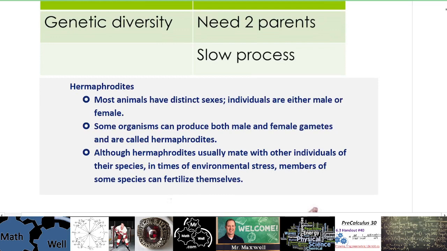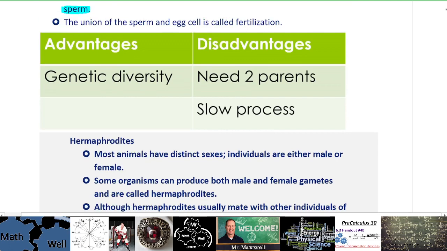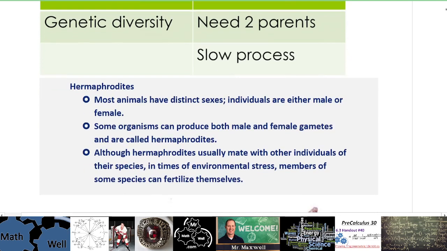So let's talk for a moment about hermaphrodites. This is going to be a question that comes up. It's in the textbook as well. Hermaphrodites: most animals have distinct sexes. Individuals are either male or female. Some organisms can produce both male and female gametes. In your blanks, hermaphrodites is the title there.